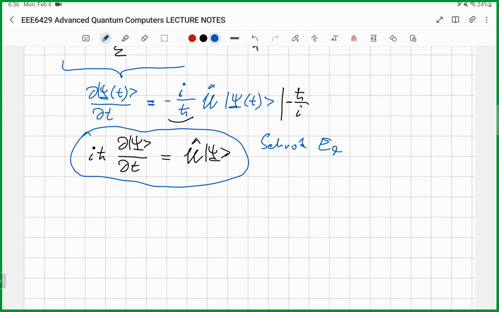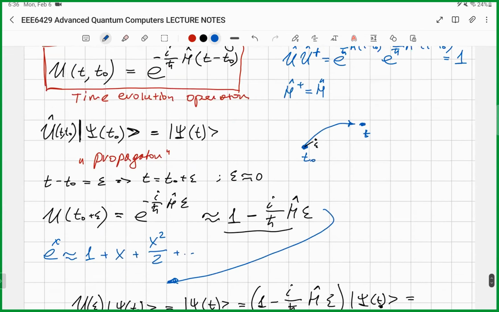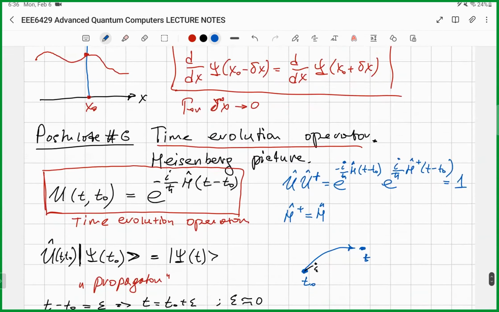So you see that the formulation of quantum mechanics and quantum theory in terms of the time evolution operator is completely similar, or equivalent, to the description in terms of the Schrodinger equation, because this evolution operator contains the information about the Schrodinger equation in it.